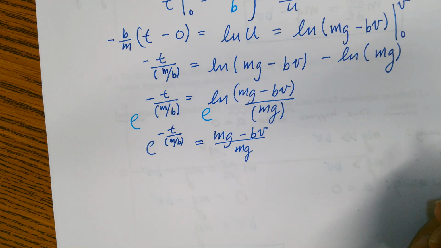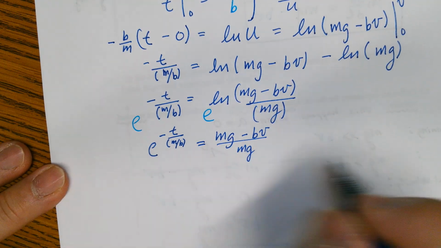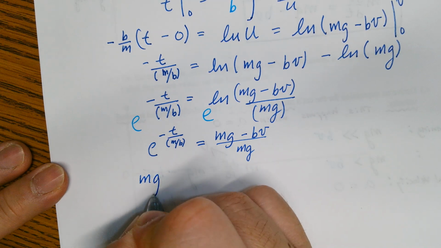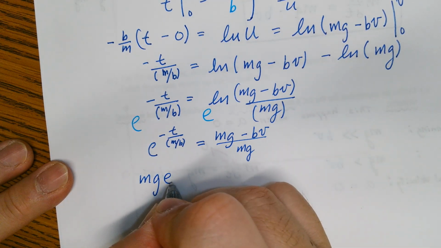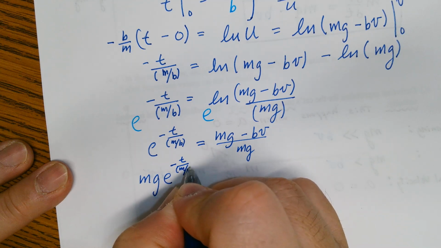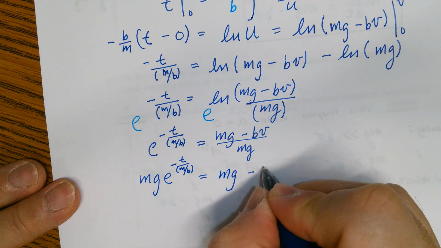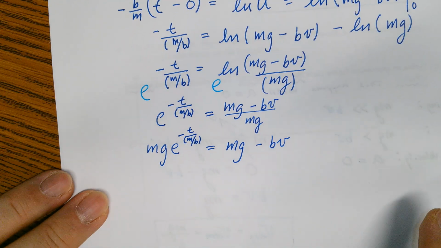Now it just becomes algebra. I'm going to multiply both sides by mg, so I get mg e to the negative t over (m over b) is equal to mg minus bv.